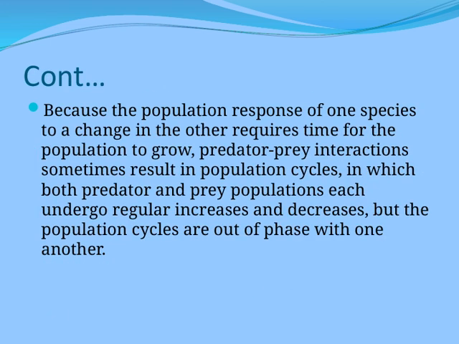So, when one species responds to a change in another, it's important to remember that this response takes time. For example, if prey numbers increase, predators don't immediately follow suit. Their populations need time to grow in response. Because of this lag, predator-prey interactions often lead to what we call population cycles. These are patterns where both predator and prey populations go through regular ups and downs. What's really interesting is that these cycles are out of phase with each other.